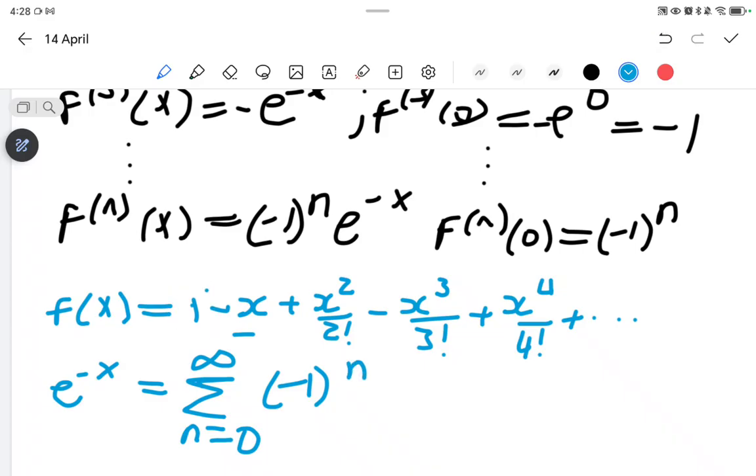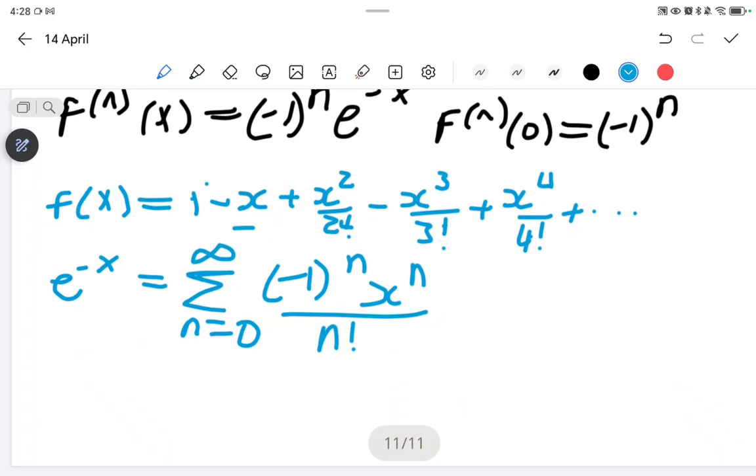So if I put n, it will be satisfied. The other part is x to the n. Then the numerator is x to the 0, x to the 1, x to the 2, x to the 3. Then the denominator is 0 factorial, 1 factorial, 2 factorial, 3 factorial, 4 factorial, and so on. So this is n factorial. That means this will be the representation for this.